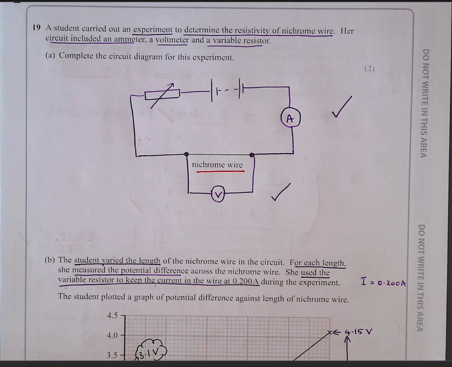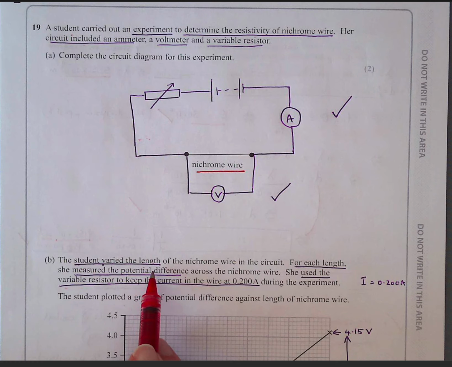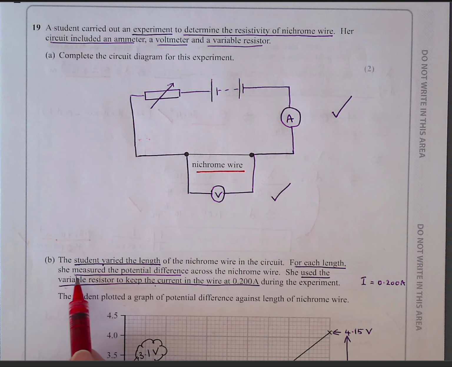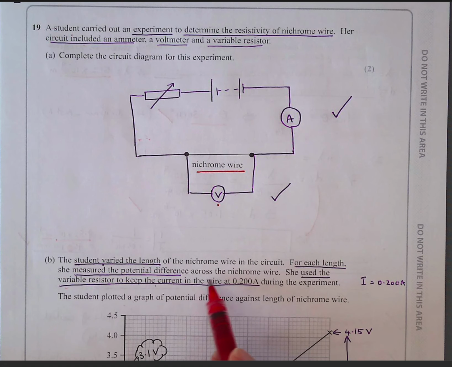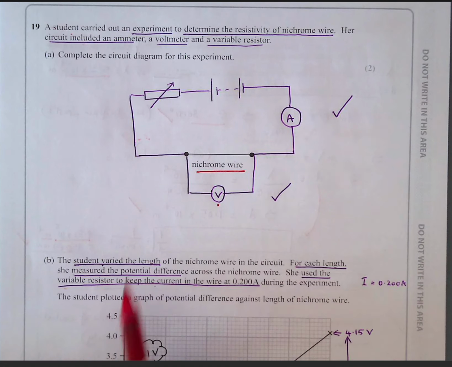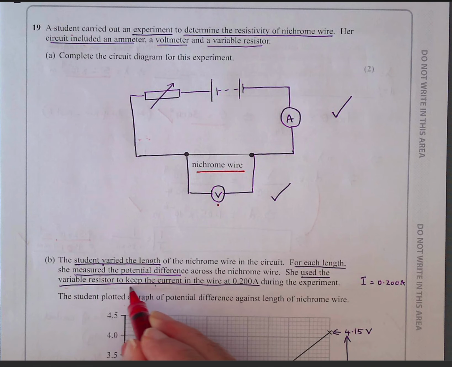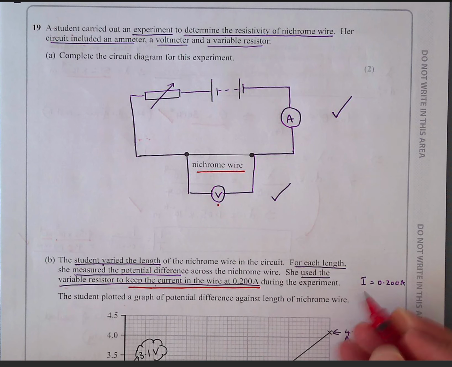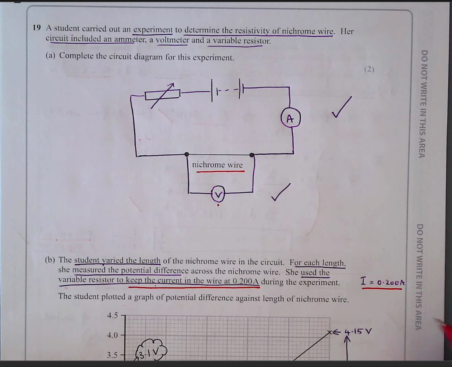It then says the student varied the length of the wire in the circuit. For each length, she made measurements of the potential difference across the wire, and she used the variable resistor to keep the current at 0.200 amps. So this is a controlled variable, okay? That's something she kept constant.